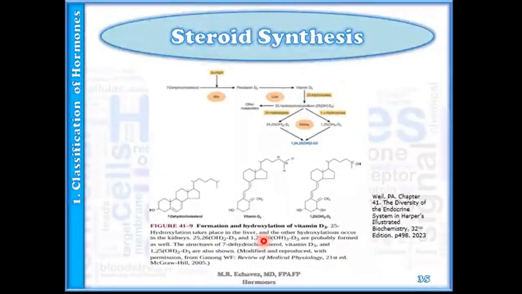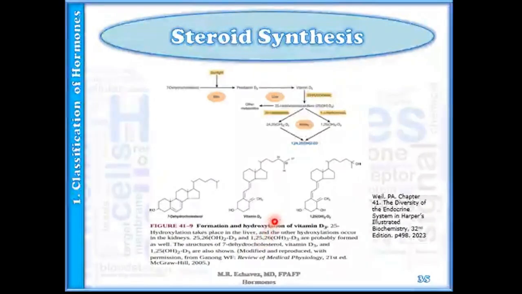As we age, we actually have a loss of 7-dehydrocholesterol in the epidermis. That's why in the older ages, there's a negative calcium balance, and that's why we supplement with vitamin D in the older ages.